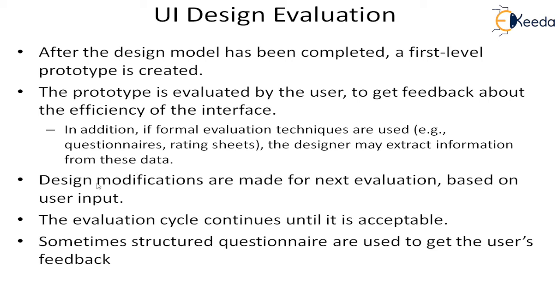Then design modifications are made for the next evaluation. So once you get the feedback, you incorporate it, do the design modifications, and then give it for the next evaluation. This evaluation cycle of modifying and getting feedback through testing continues until it is acceptable.